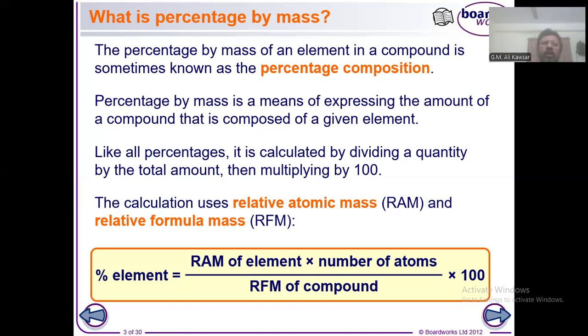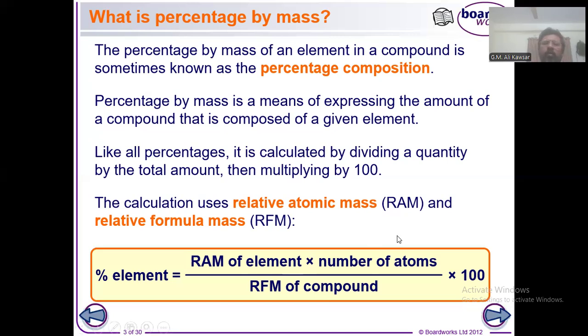So for doing it, we need to use the periodic table. The periodic table is a very important supporting element here to calculate the relative formula mass of water.